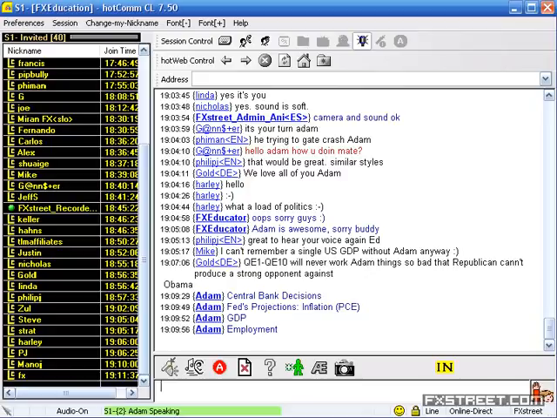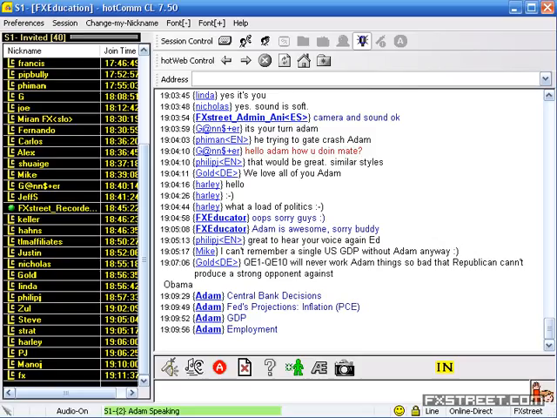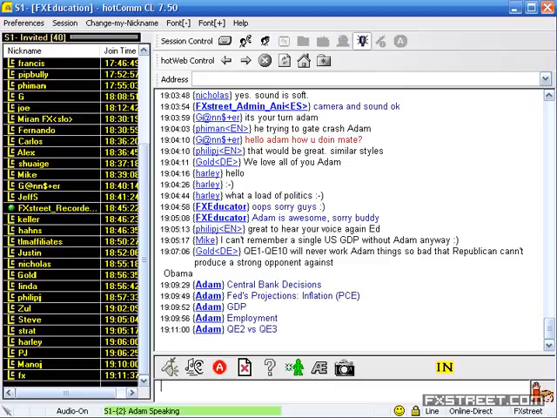Now, the Fed had said, okay, we're introducing QE3, but like I said before, I think it's QE3 light because it's not as potent and it's not as big as QE2. By the way, what's the difference? QE2 versus QE3.